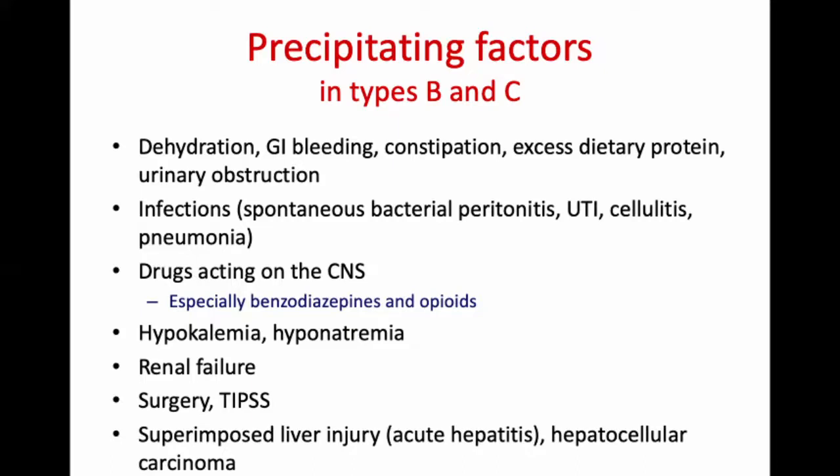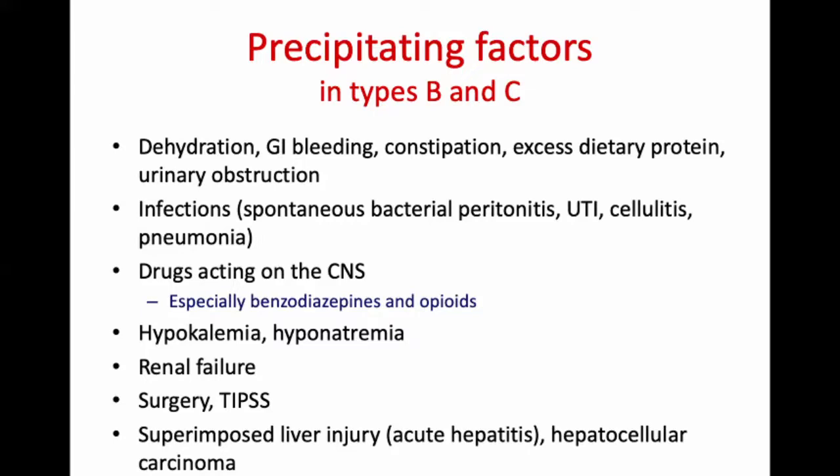Then renal failure, any surgery, even TIPS. Then superimposed liver injury, because these patients with cirrhosis can also get acute hepatitis due to hepatitis A virus, for example. So any acute hepatitis, liver cell carcinoma, and of course when the liver cell mass has become reduced to extremely low levels, they get what's called terminal liver disease that also gives rise to hepatic encephalopathy and eventually death.